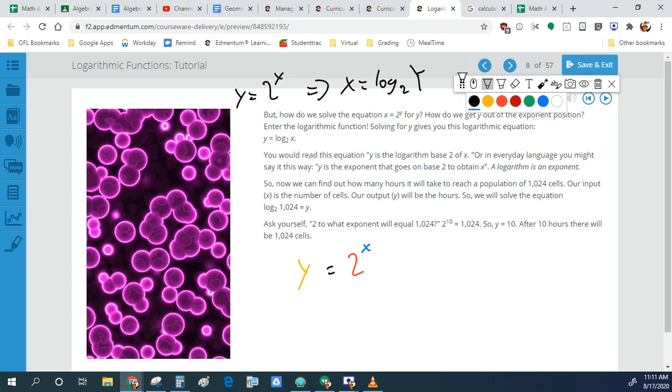If I wrote the inverse, it would end up being y equals log of base 2. And then what did I write my y in? My y was yellow. X. So that's how we would do this.